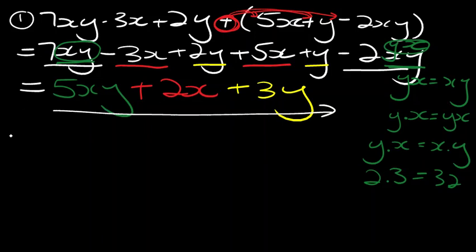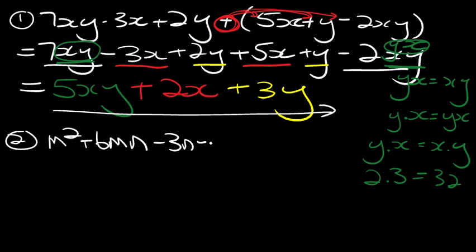Let's look at another example, and this time subtraction. So let's look at m squared plus 6mn minus 3n, and from this one we subtract 4mn plus 2m squared minus n.